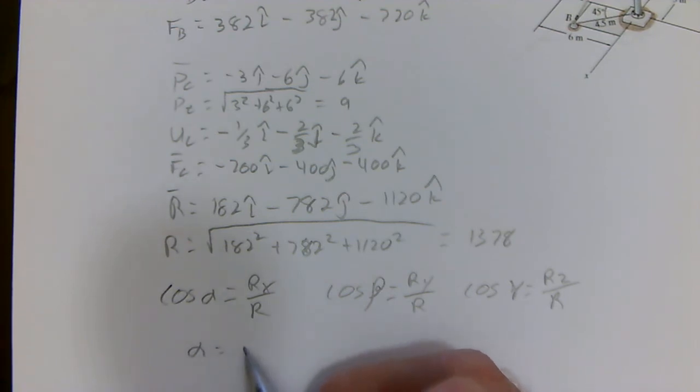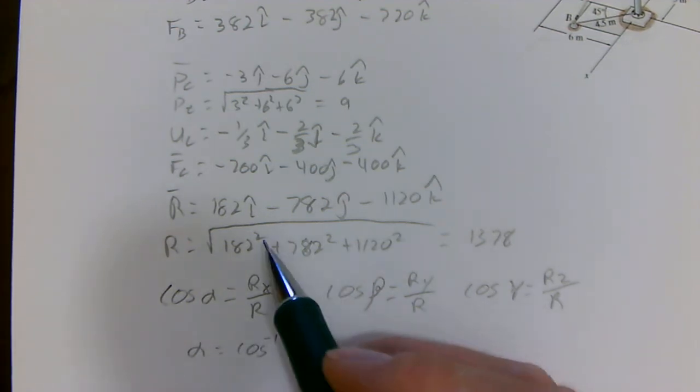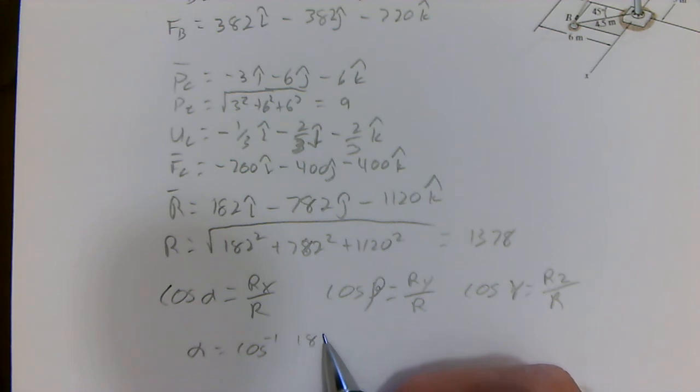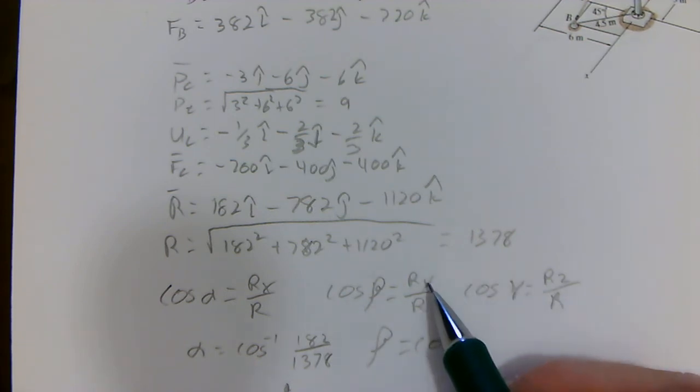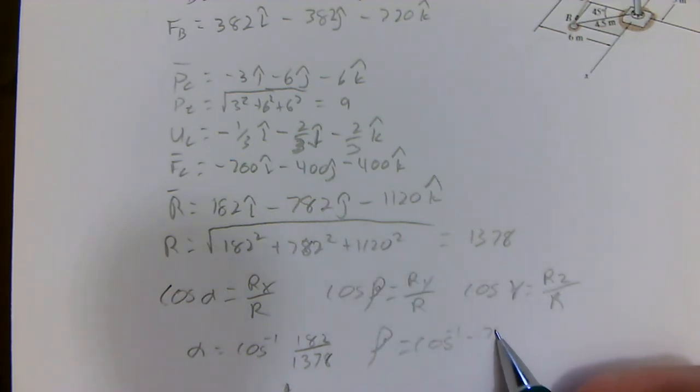So alpha equals the inverse cosine of 182 over 1378, and alpha equals 82 degrees. And beta equals the inverse cosine of negative 782 over 1378, and beta equals 124 degrees.